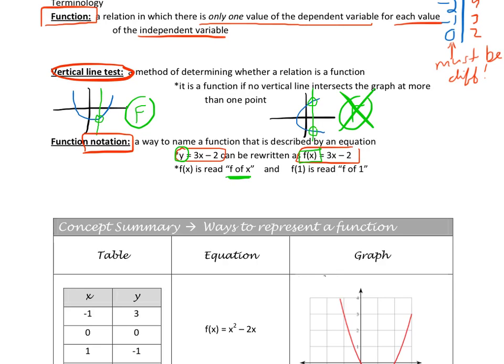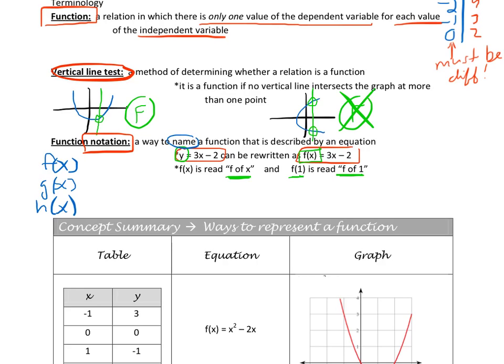And if you have a number in there, it's read f of 1. Now, interestingly enough, this is actually pretty straightforward. Functional notation does two things. It gives it a name, so I can say that you have f of x equals 3x minus 2. Besides f of x, I could say g of x, or h of x.